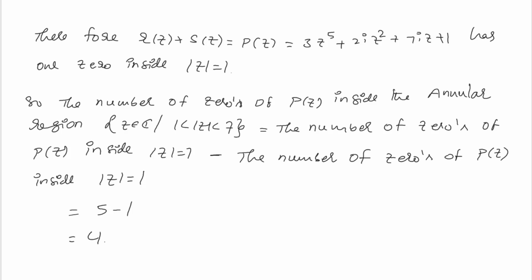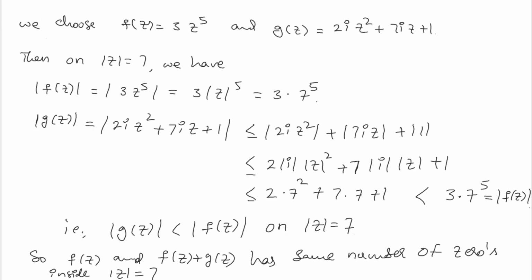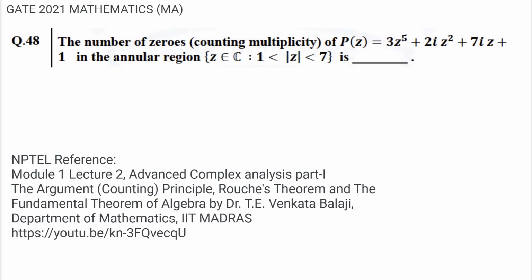Hence the total number of zeros of the polynomial p of z inside this annular region is 4. Hence the answer is 4.